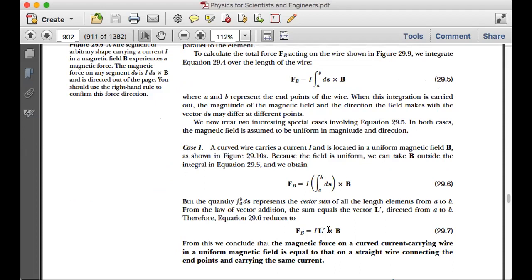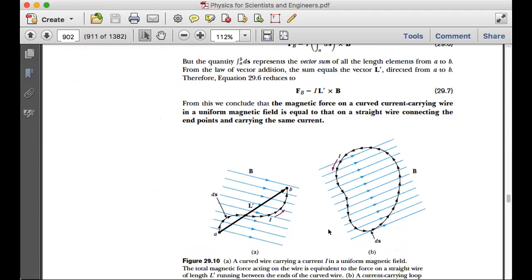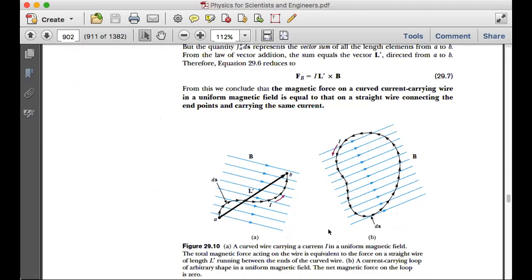This I L prime cross B. This is the S here, for example, and this is L prime.